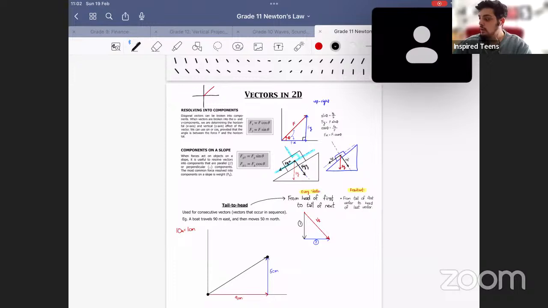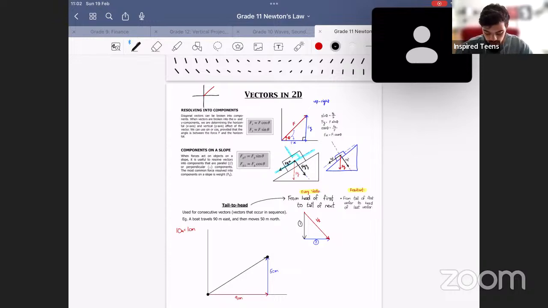What's important with regards to vectors is understanding head to tail, definitely resolving into components on a slope, extremely important, especially going into Newton's. The resultant vector, utilizing Pythagoras and trigonometric calculations to work out the value of the resultant vector. And just the understanding of vectors as a whole, how they have magnitude and direction, is extremely important.